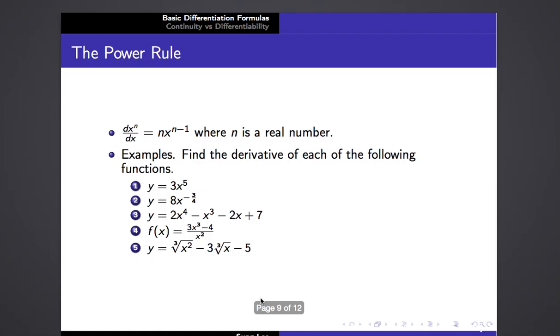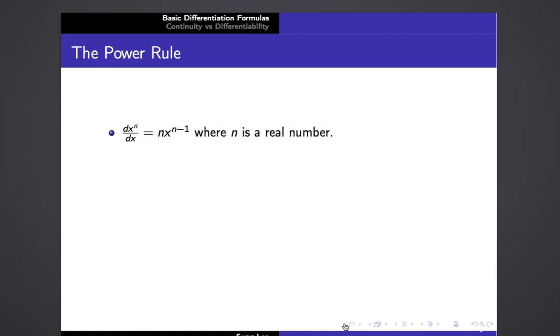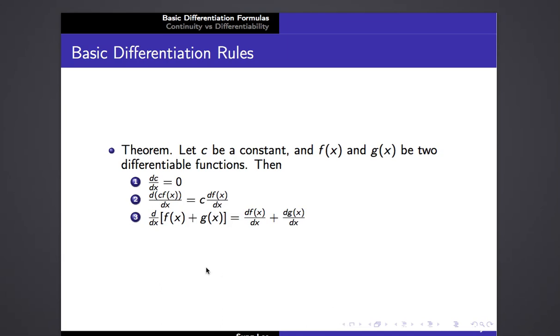Okay, so here's the theorem. Let c be a constant and f of x and g of x be two differentiable functions. I don't think you have seen this word, differentiable.